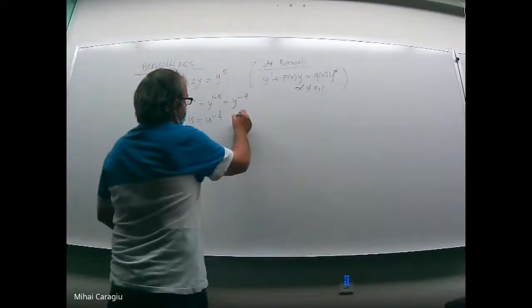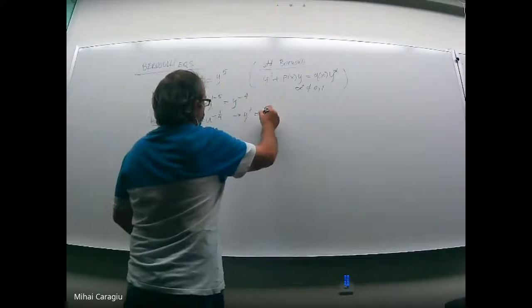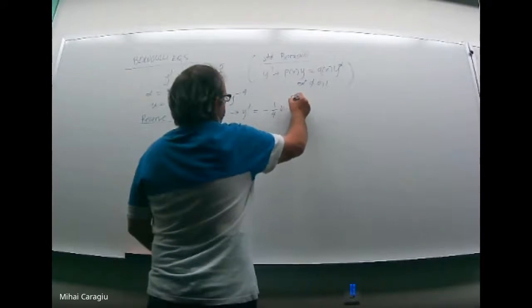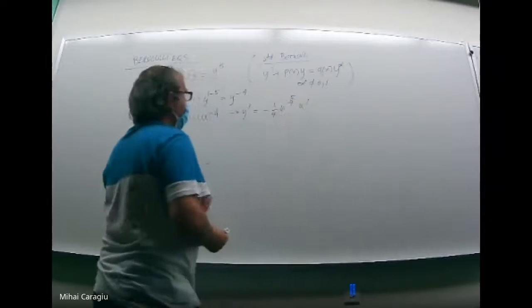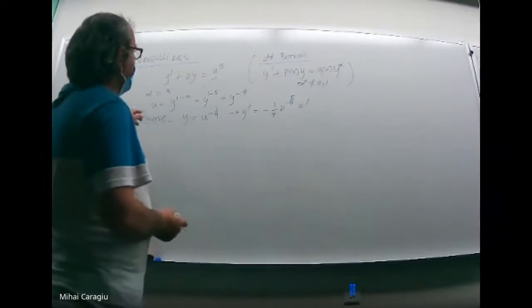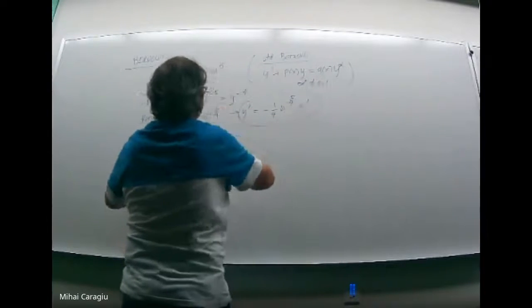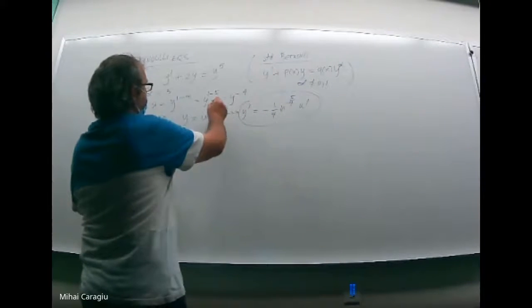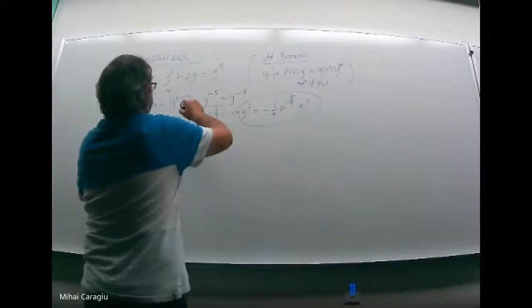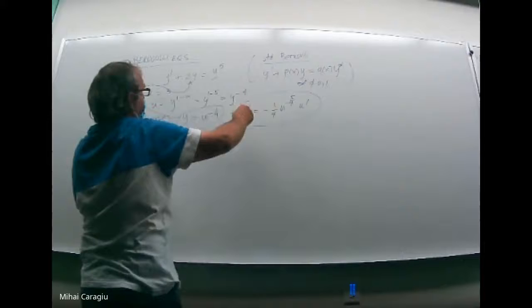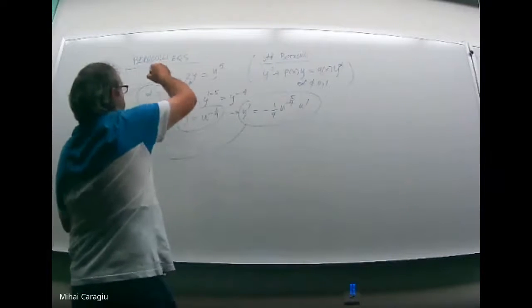This implies y prime equals minus 1 over 4 u to the power minus 5 over 4 times u prime. And then replace it in the standard form. So replace y and y prime: this y will be replaced here, and this y prime will be replaced here.